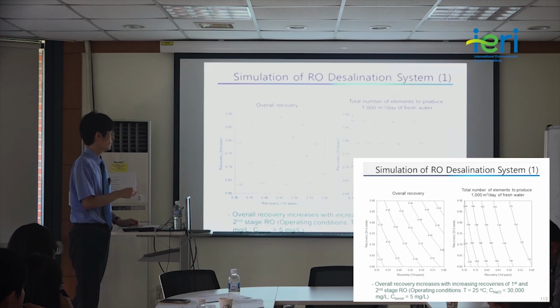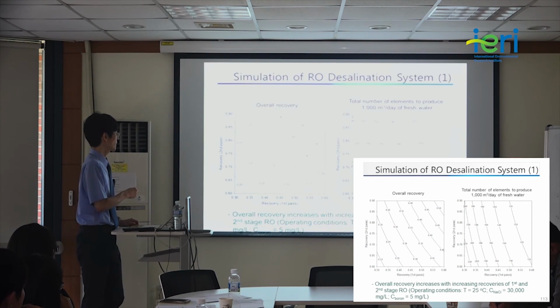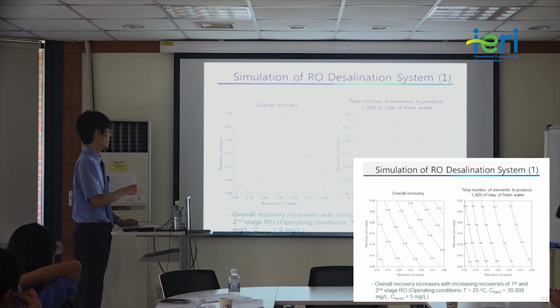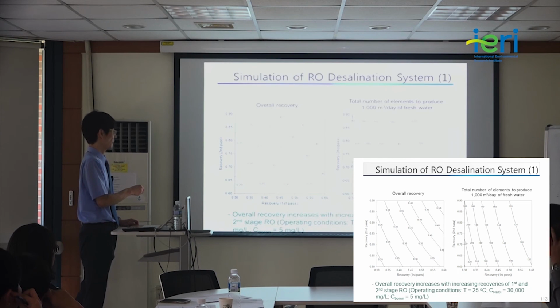So for example, if you have 50% recovery for the first pass and 60% recovery for the second pass, and if you follow that line, 30% overall recovery is maintained, even if you have a first pass recovery of 38% and a second pass recovery of 8%.